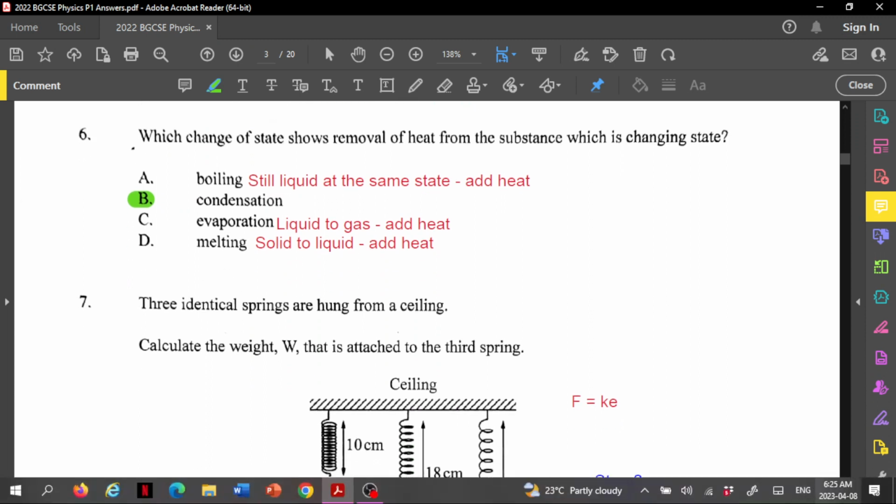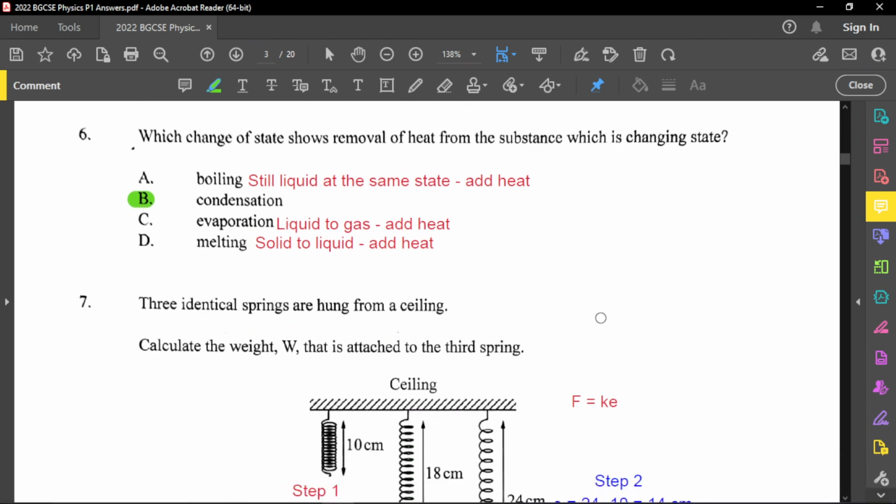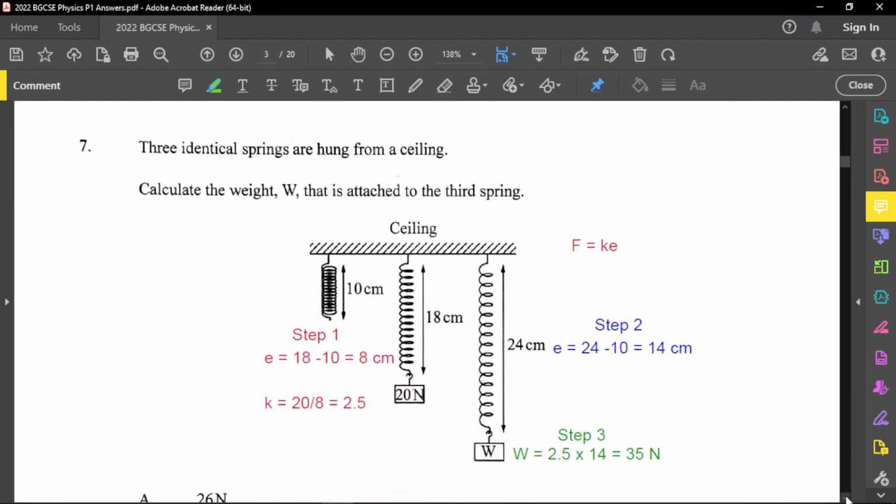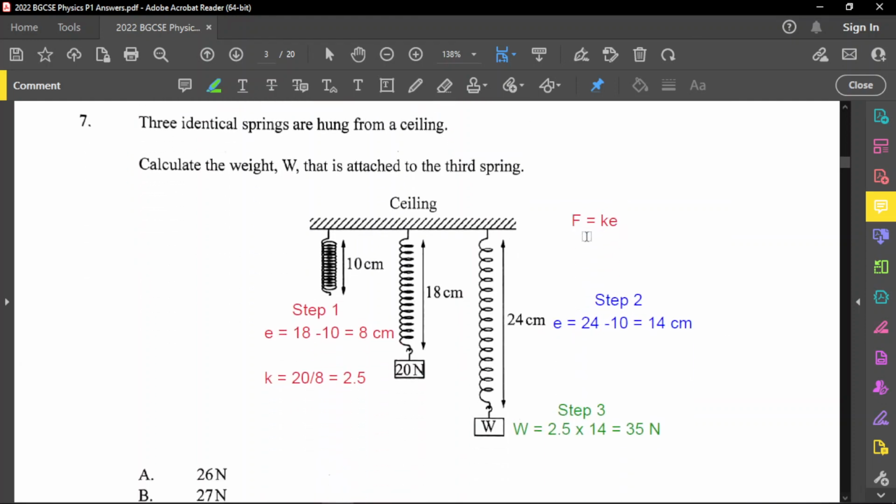For question number 7, it said 3 identical springs are hung from a ceiling. Calculate the weight W that is attached to the third spring. I can break this down into steps so it can be easy to follow. The first thing I wanted to remember is that the force is equal to KE, where K is the constant, E is the extension, and F is the applied force.